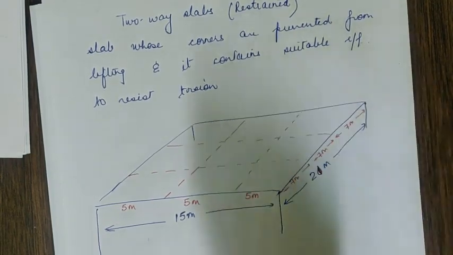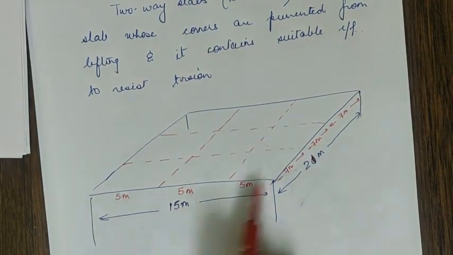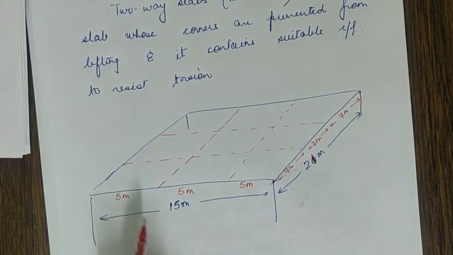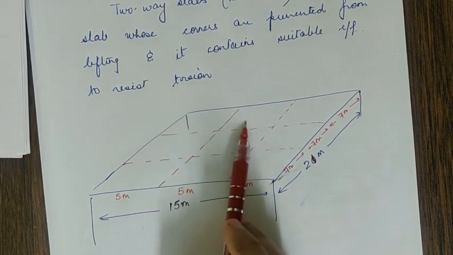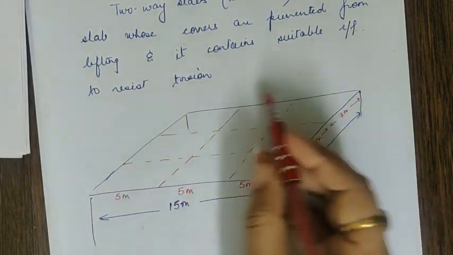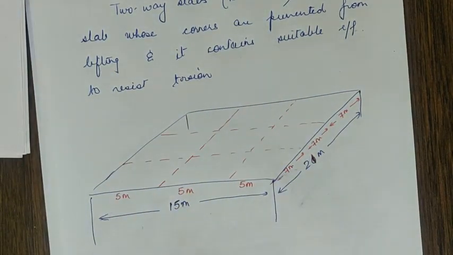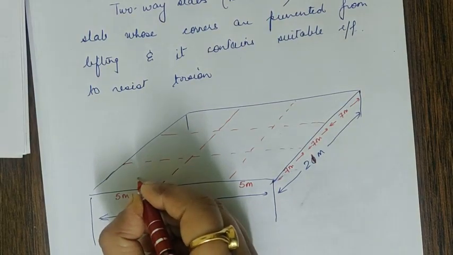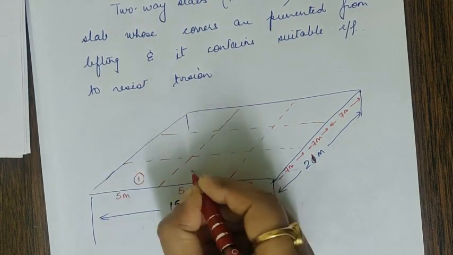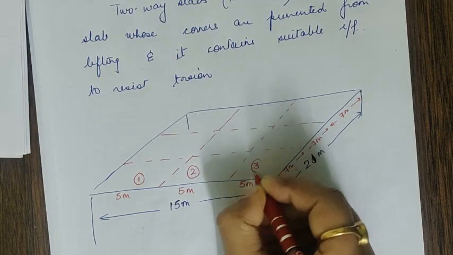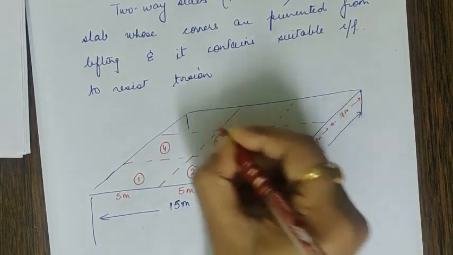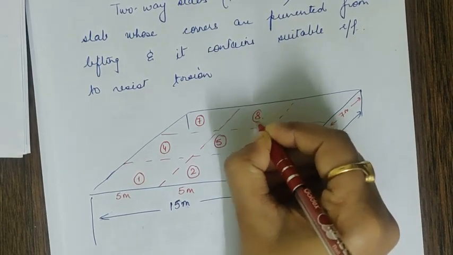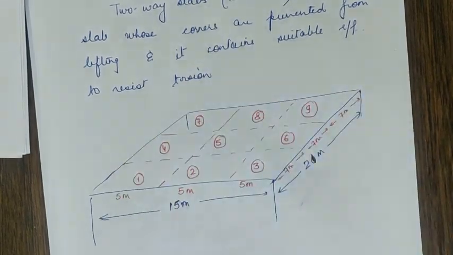One thing you must understand is that now it is not one slab. For designing, we will consider it to be a combination of 9 slabs. So this is slab number 1, slab number 2, slab number 3, 4, 5, 6, 7, 8 and 9.